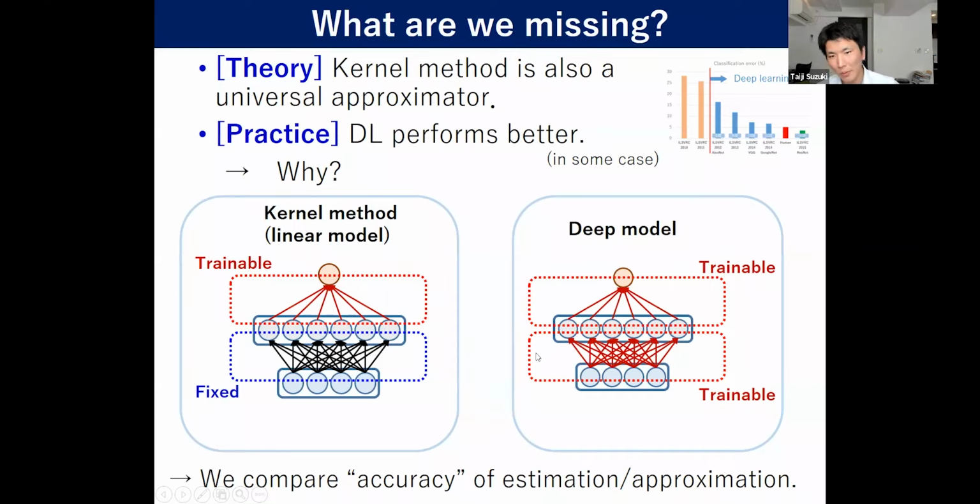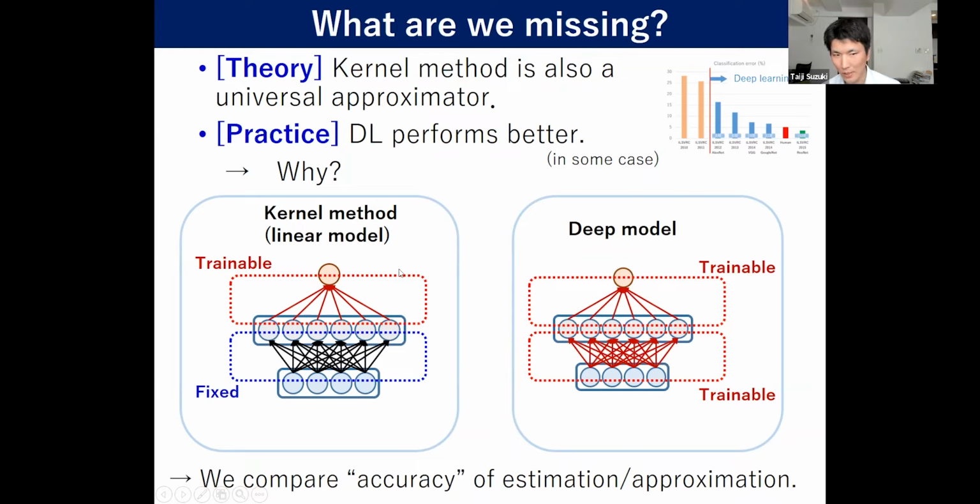Of course, for the deep neural network models, you can consider much deeper models. But anyway, in the deep neural network model, you can train the parameters in all layers. This means that you can train the feature extraction layers. But in a kernel method, we don't train such feature extraction layers.